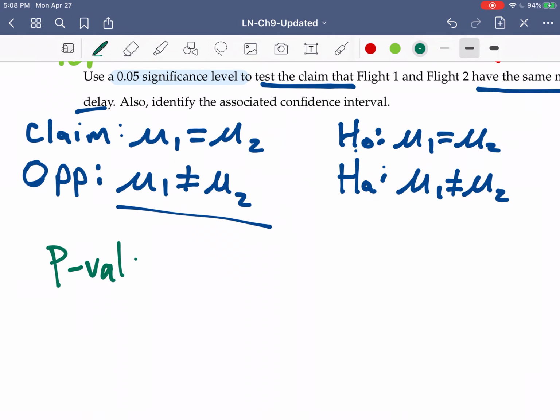We compare that p-value to the significance level, which was 0.05. If the p-value is high, then the null will fly, so we fail to reject the null.